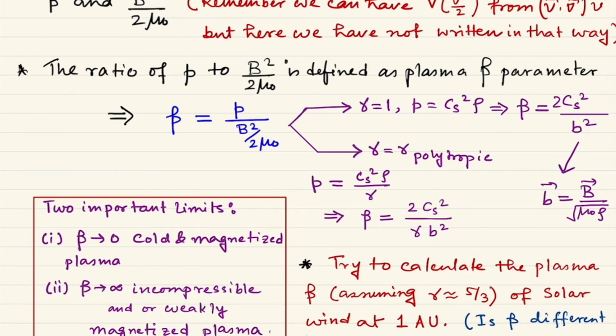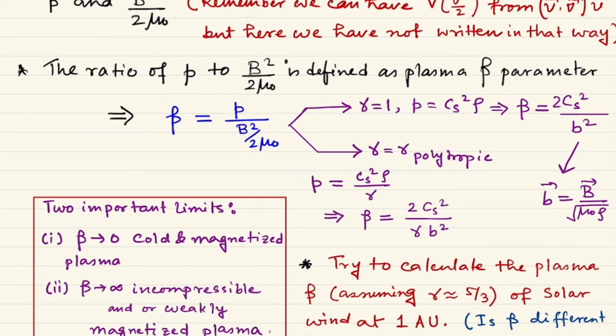But just try to think. From this equation you can have this idea that when beta tends to infinity, it makes Cs square tend to infinity, and that gives us something nearly like an incompressible medium. But this is a bit typical, because this relation is only true for isothermal plasma, and from isothermal plasma it is not evident to go to the incompressible limit.